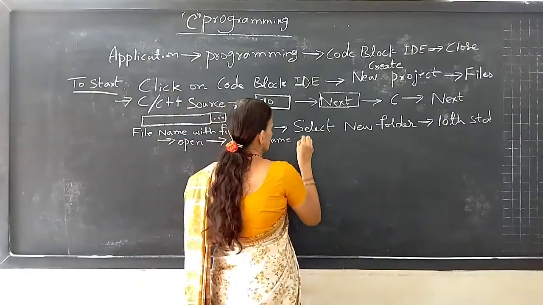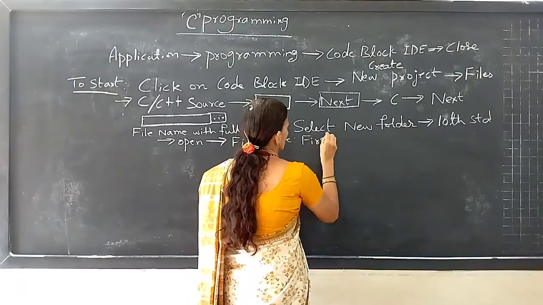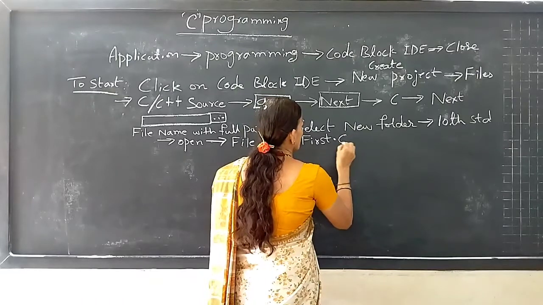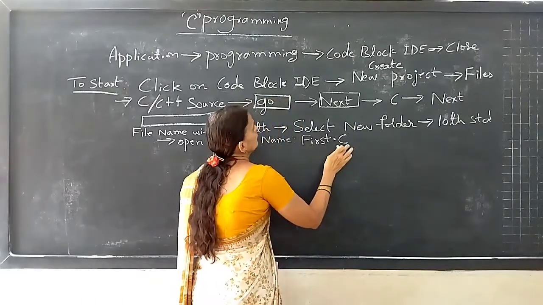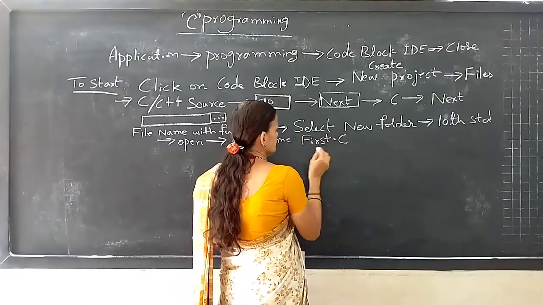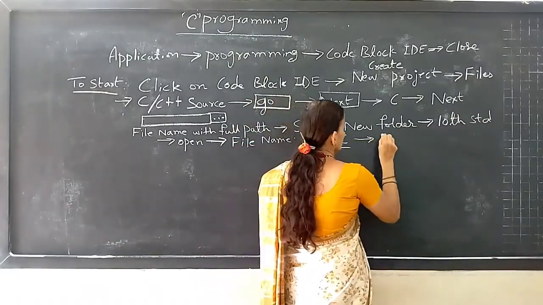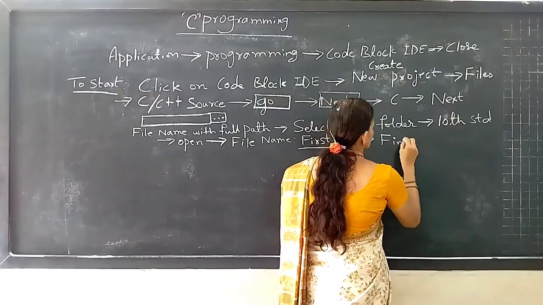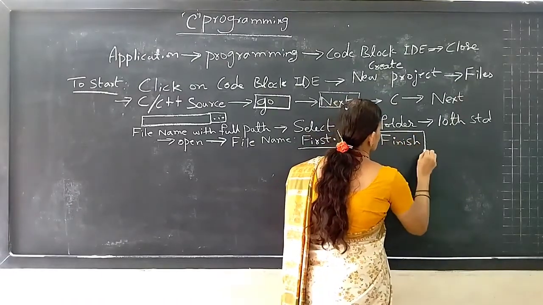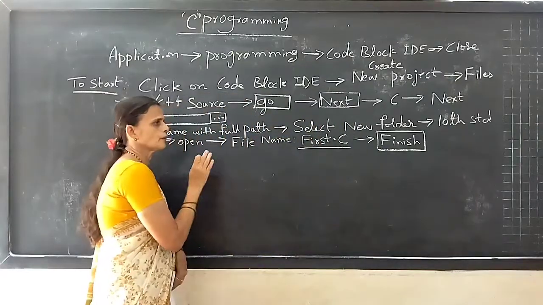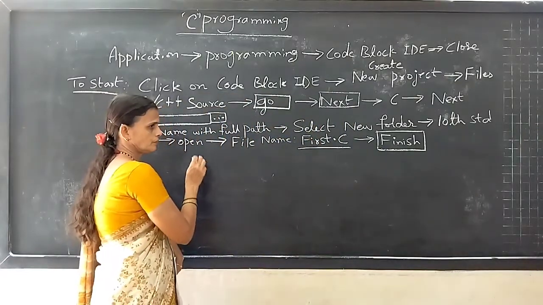I will write first, and the file name should be given with the extension .c. C programming files should be saved with the extension .c. Then click on finish. This is the first step to open a C program.